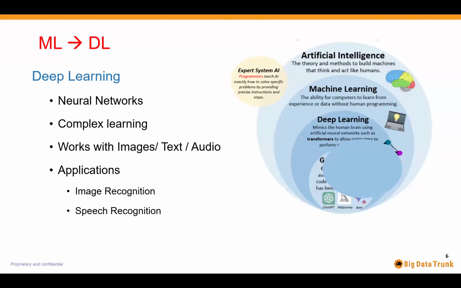And again, we have been using a lot of these deep learning based applications. I'd say, post 2010, there has been a very good increase in the capabilities of deep learning techniques.